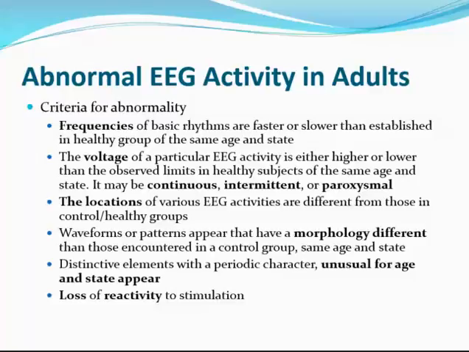The waveforms or patterns have a morphology different from those encountered in the control group of the same age and state. Distinct elements with a periodic character, unusual for age and state, appear. And after stimulation, what you expect to find, you don't find. That's loss of reactivity to stimulation, and that's grounds for abnormality.